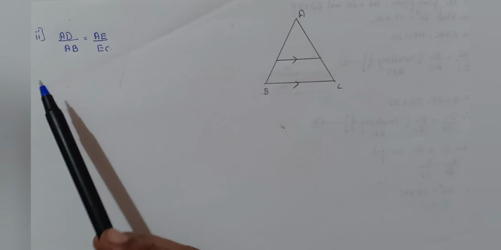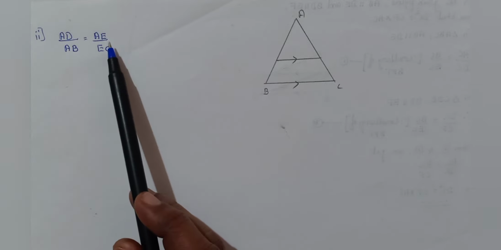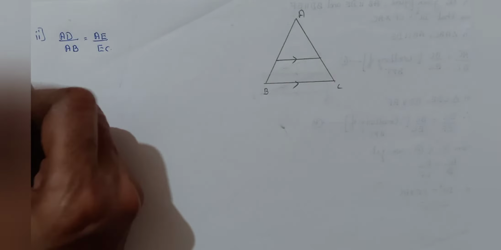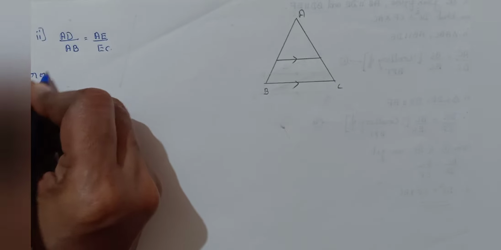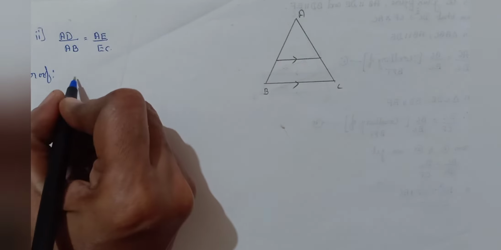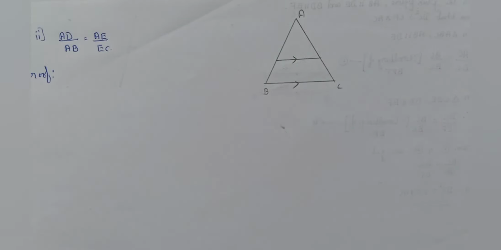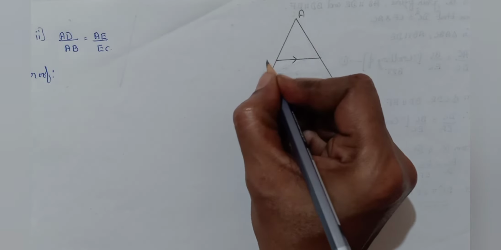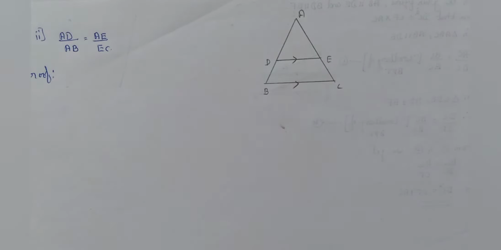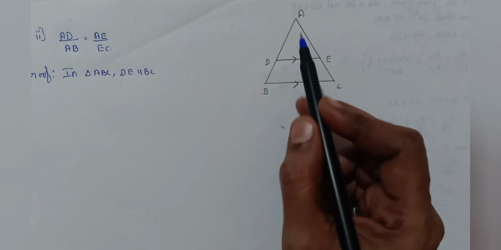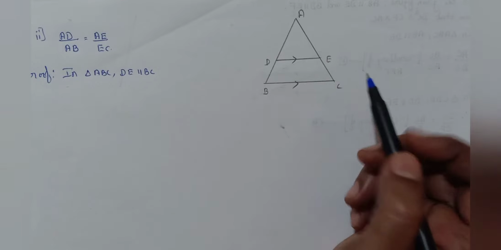Next one, we have to prove AD by AB is equal to AE by AC. Now consider the triangle ABC. Again, DE is parallel to BC. So DE divides AB and AC in equal ratio.